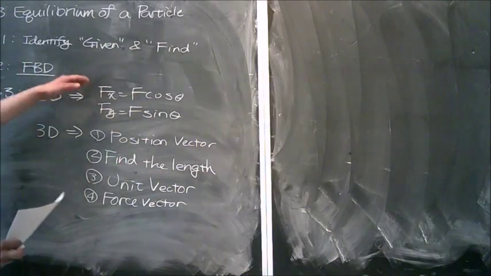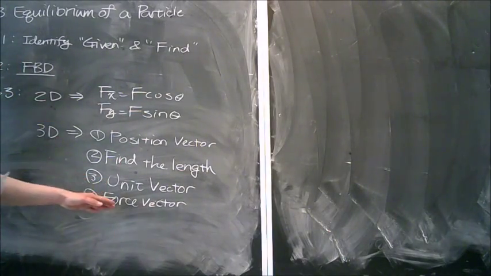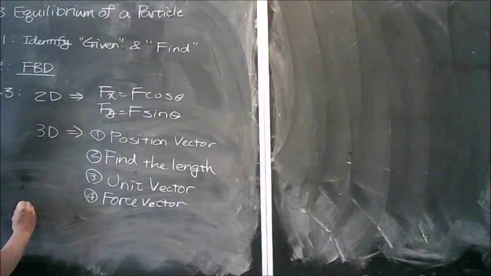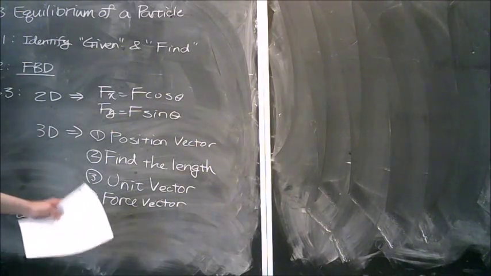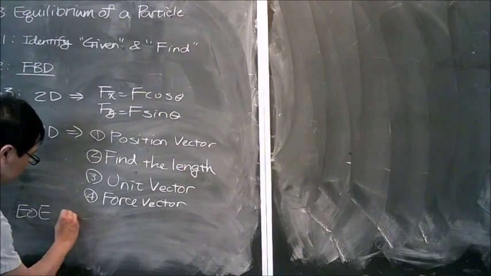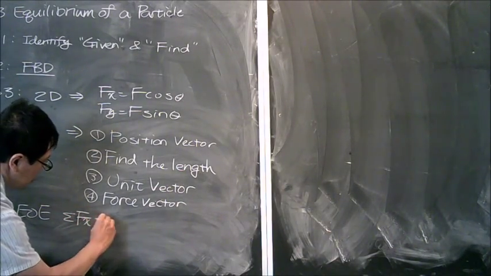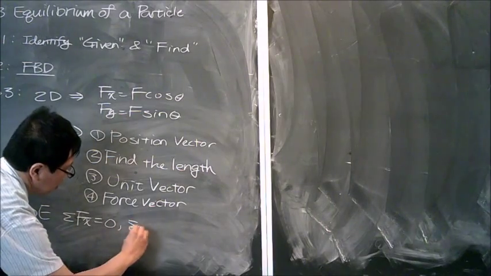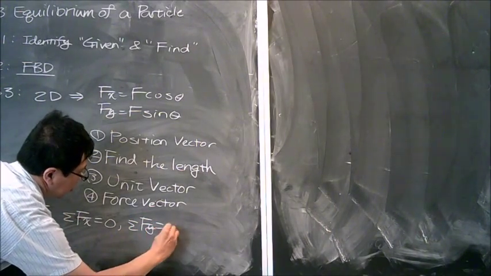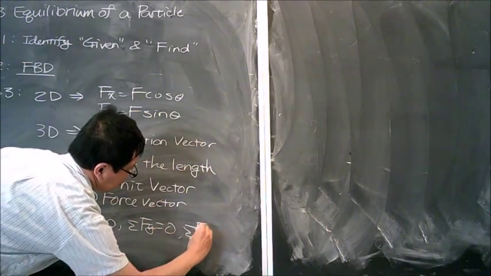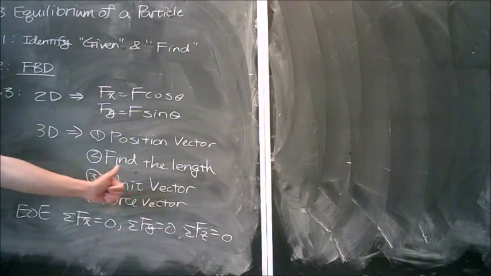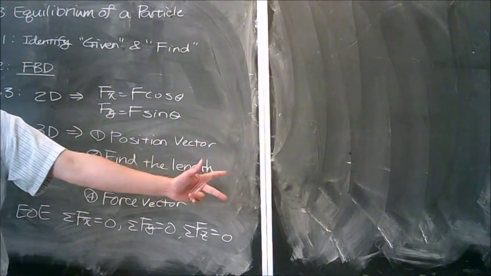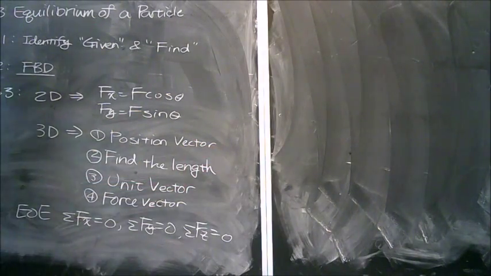Once you figure out those three parts, what's next? Equation of equilibrium, which means the force along X direction, Y direction, and Z direction are all equal to 0.